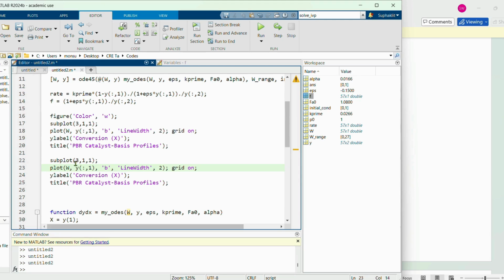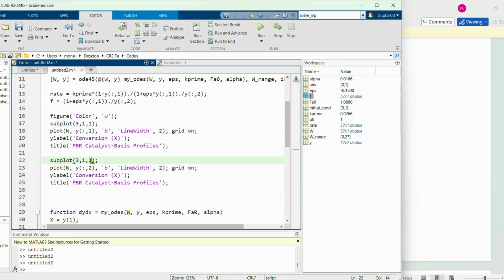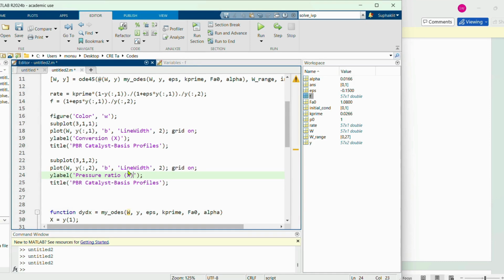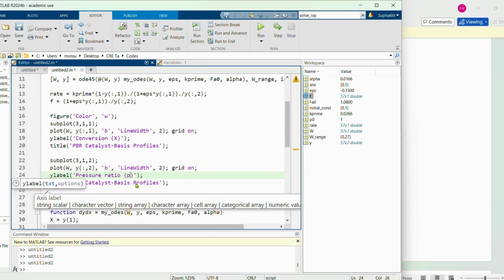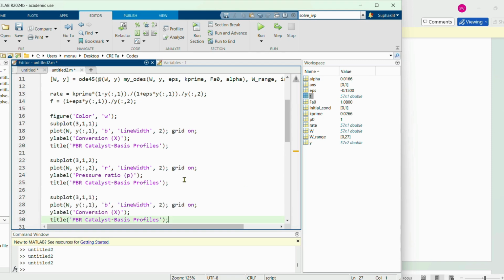Also, we'd like to plot the pressure ratio, which is y2. And next is our velocity ratio.